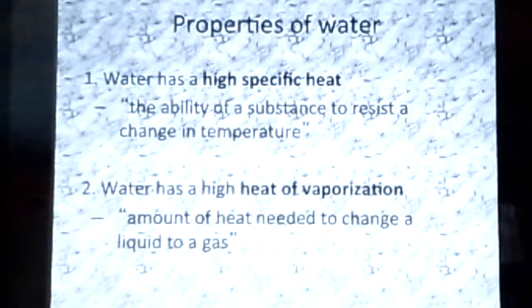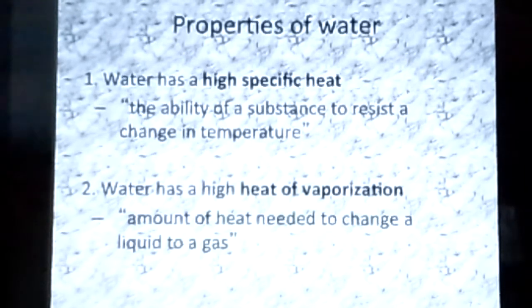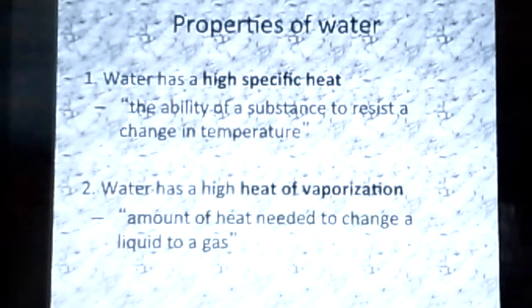At night, all that water that was in the air condenses back to liquid, which releases heat back into the atmosphere, making night warmer. The combination of these two effects keeps our environment more stable, and we don't have the huge fluctuations that you would have, say, on Mars, where it's 300 degrees below zero at night and 300 degrees above zero during the day.